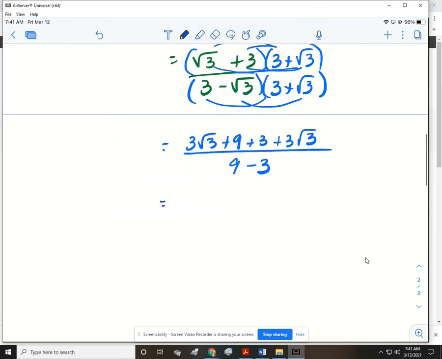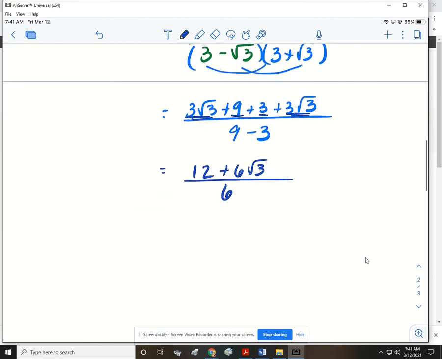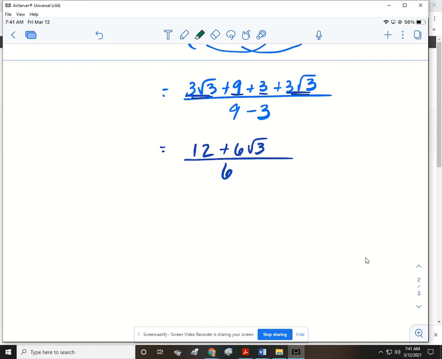All right, so then I will just combine my like terms. So 9 plus 3, 3 square root of 3 plus 3 square root of 3. Same thing in the denominator, subtract. And then these kind of all work out the same also, where all those numbers can now reduce by 6.